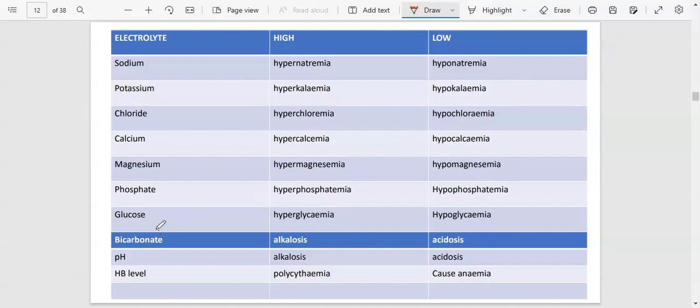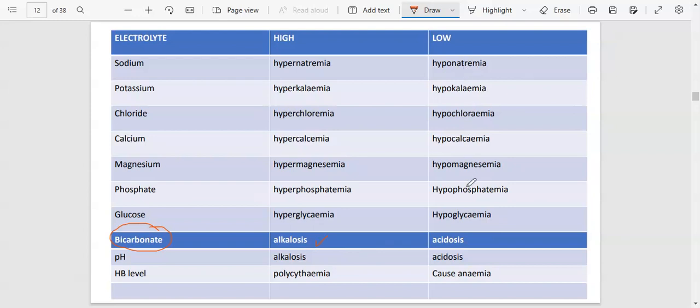Now, since we said bicarbonates are mostly there to maintain pH, that means that when you have high bicarbonates, you are going to have high pH. When you have high pH, it means it's above 7. It is basic. And that is going to give a condition called alkalosis.